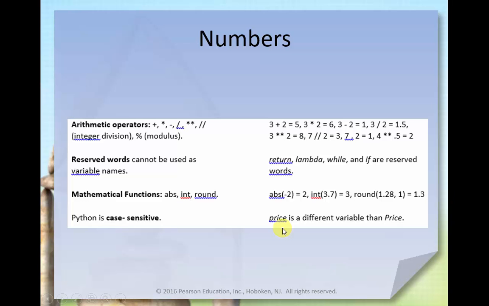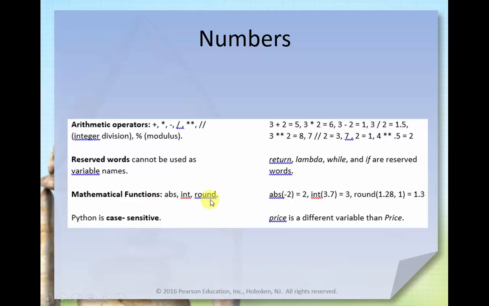We then looked at arithmetic operators, the basic math type things that you'll need to be able to do with the numbers. We also talked about some particular words that are not open for you to use in terms of your own variable names, such as return and while and if and those types of things that we call reserved words.